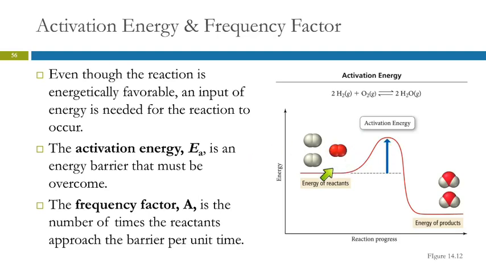So we approach the barrier, sometimes we're successful, sometimes we're not. But the more frequently the barrier is approached, the more times you'll get over it. Right? If you never approach the barrier, you'll never get over it. So it's the number of times the reactants approach per unit of time.